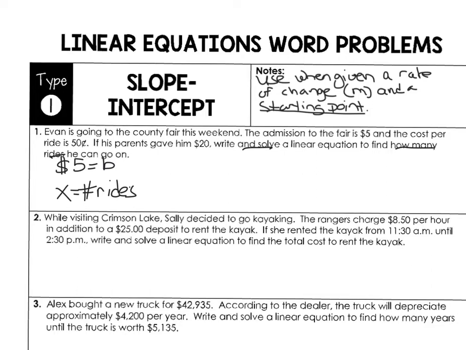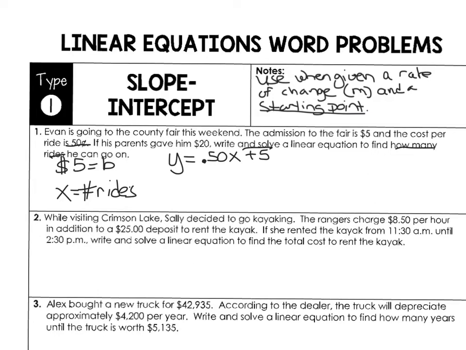It's 50 cents per ride, and per means multiply, right? So y equals my rate of change, 50 cents per ride, so 0.50x, plus the $5 I have to pay regardless.